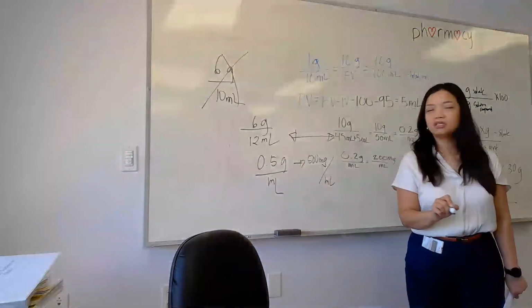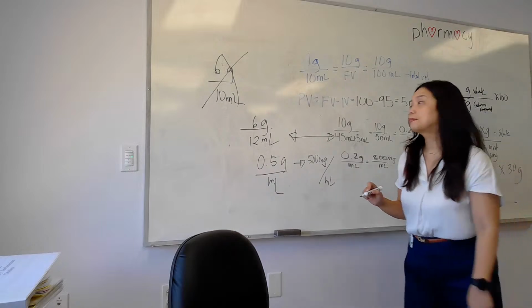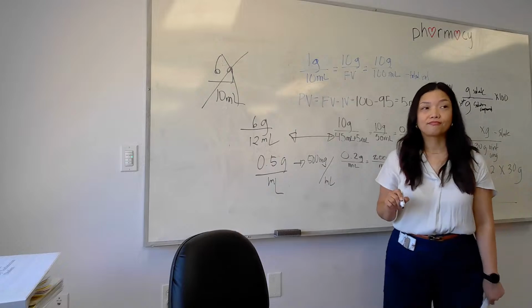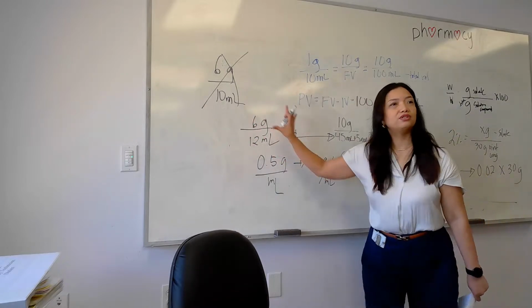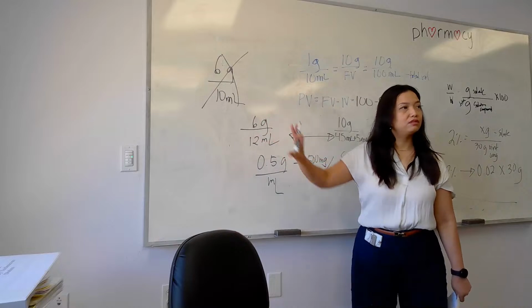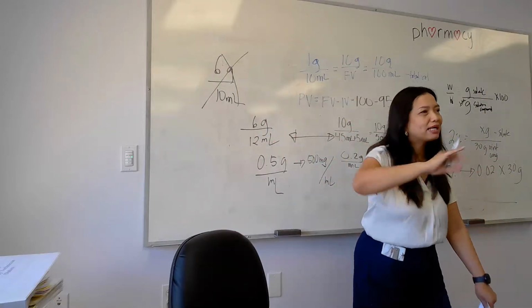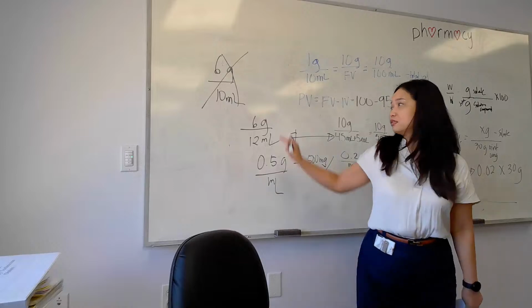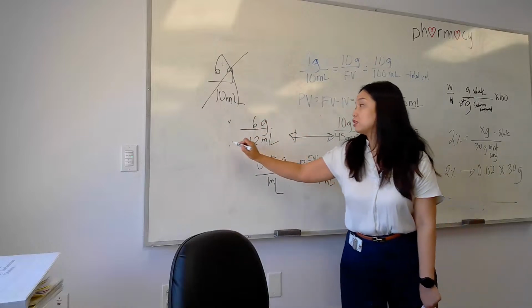If the question was, what is the strength of this solution in percents? What do you do? 50. What do you do with this if the question was percent of the solution? Times 100. Goes back and forth, back and forth. 6 grams, because it's the correct unit already, grams, over 12 ml.